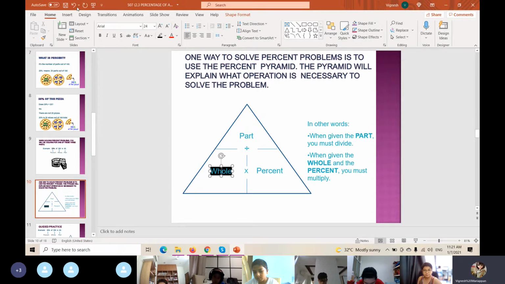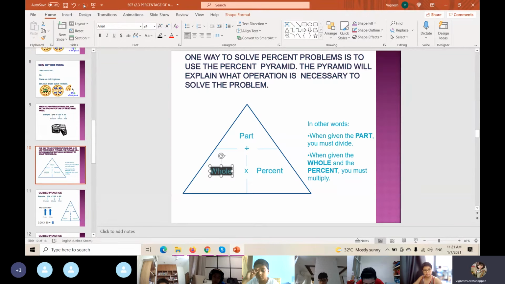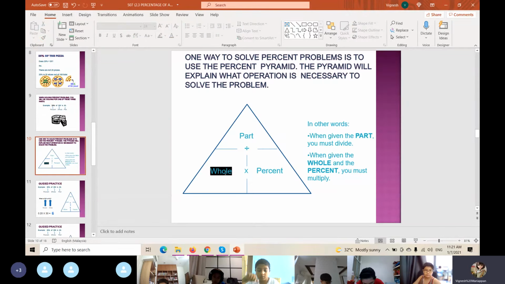Sorry, if I highlight, it will be confusing for you all. I'll type it out here. Okay, class.